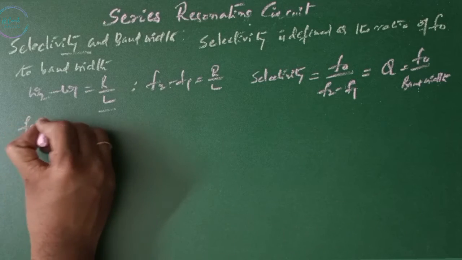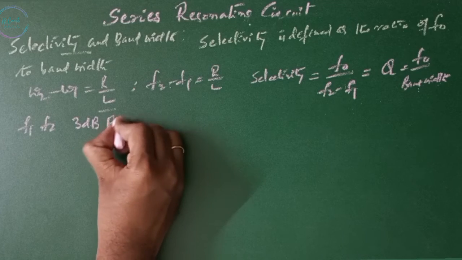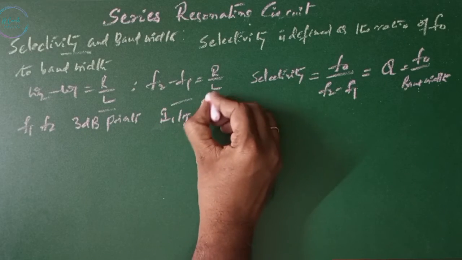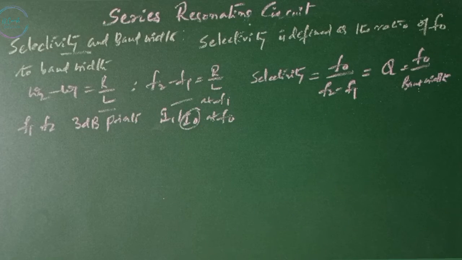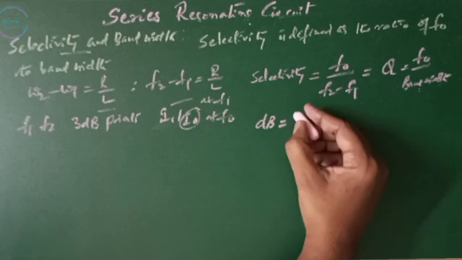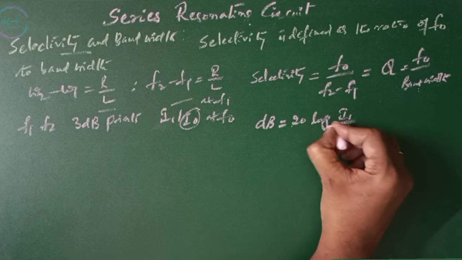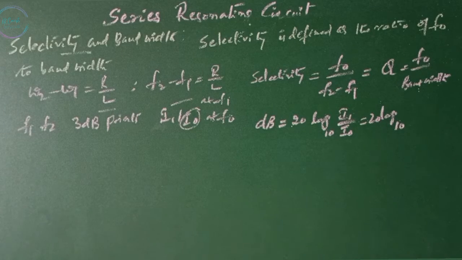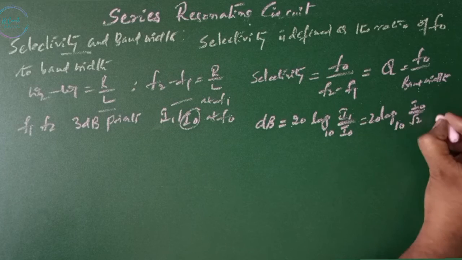The frequencies F1 and F2 are also called 3 dB points, as the current ratio I1 by I0, at F1 and F0 respectively, in dBs can be expressed as dB equals 20 log to the base 10 of I1 by I0. Now I1 is nothing but 1 by root 2 of I0, divided by I0.